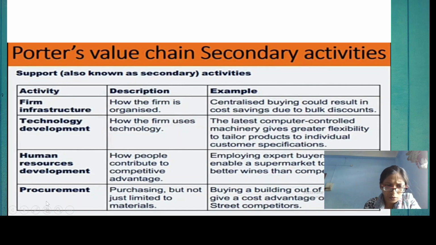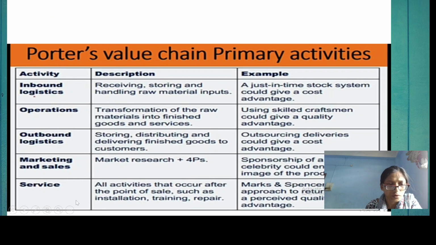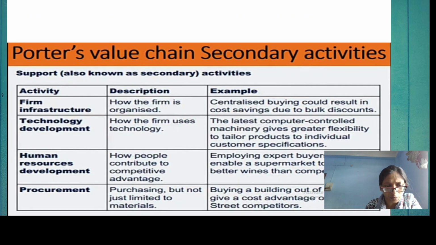Then procurement is the last one. It involves buying a building out of town, which could give a cost advantage over high street competition. We have also done after-sales service; here we are talking about those aspects.